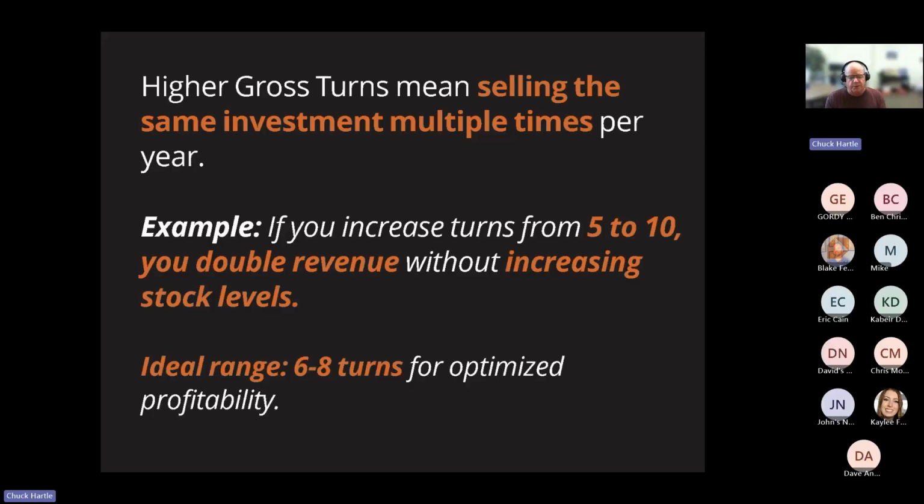So, when you tend to get up around 10 to 12 turns on your inventory, that more than likely means you're not putting enough breadth in the inventory. And so you can start to see technician productivity and efficiency start to drop, because you're being maybe a little too conservative.